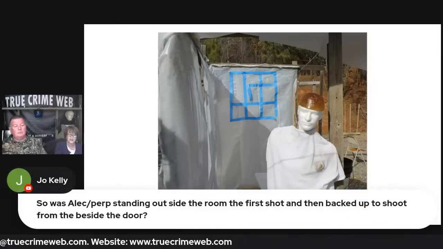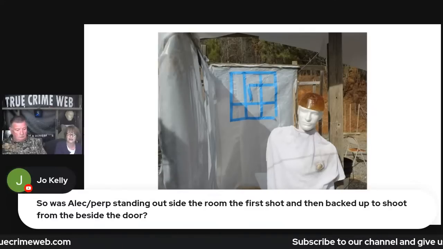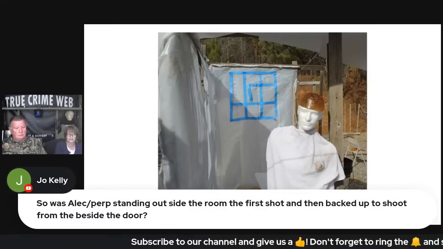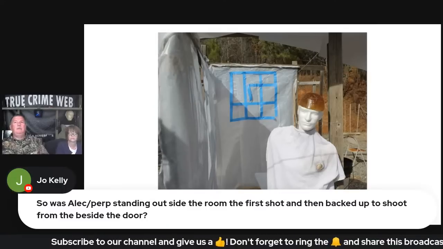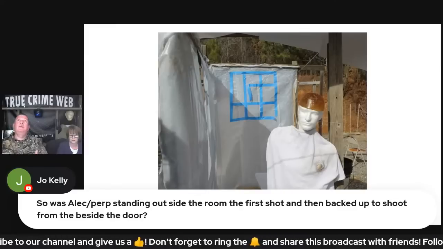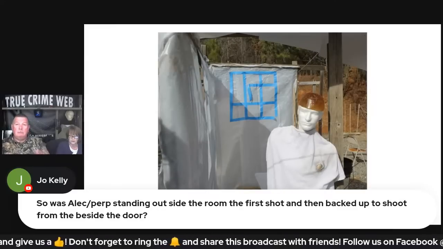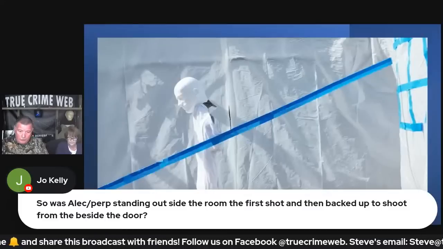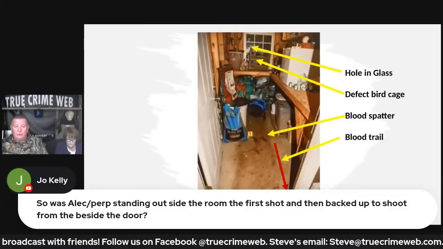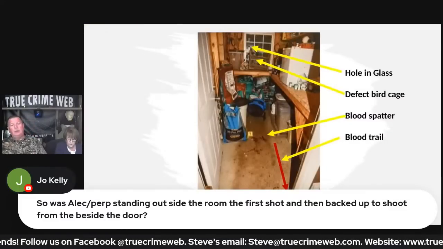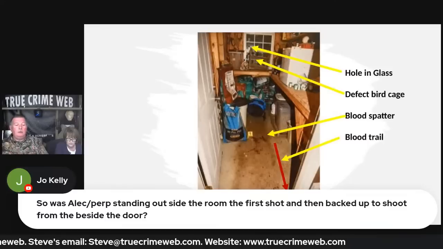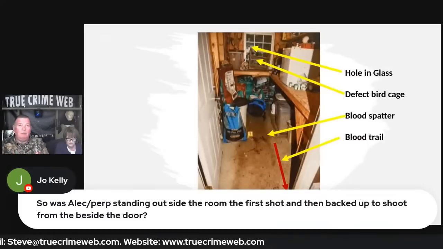Okay, Joe Kelly. So was Alec Perp standing outside the room for the first shot and then backed up to shoot from beside the door? I believe there could be some movement, but let me get to where you see the blood spatter marked just above the blood trail. The first injury could happen within 2 or 3 feet of that.